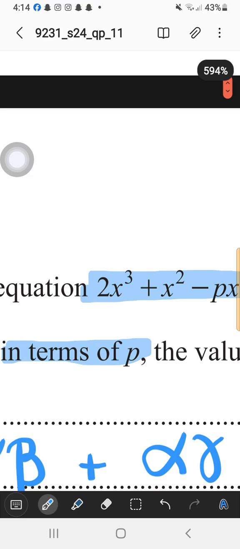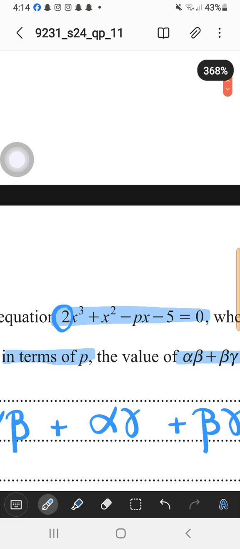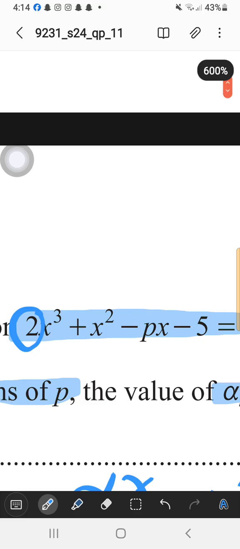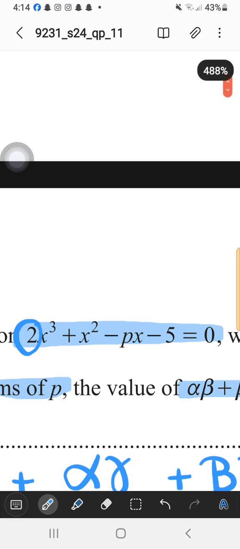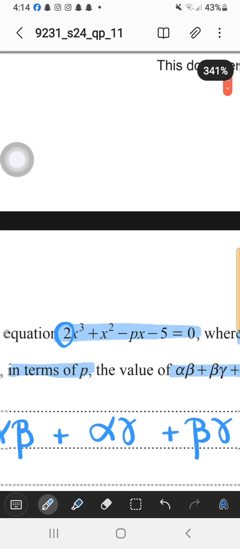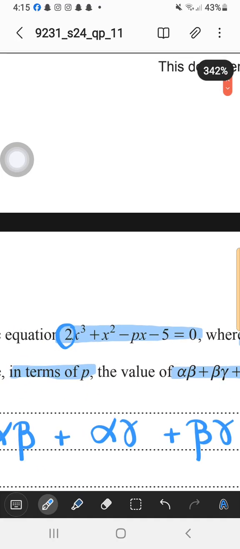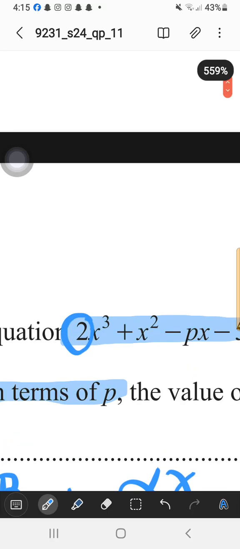we will remove this 2 by dividing the other coefficients by 2, like x square divided by 2, minus px divided by 2, and minus 5 upon 2. The leftmost coefficient will remain only 1.